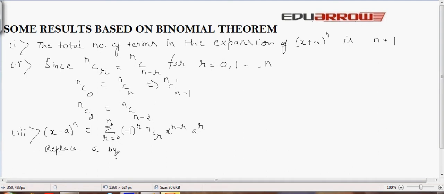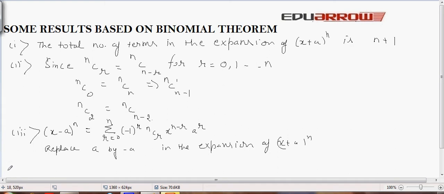In the expansion of x plus a raised to n, replace a by minus a. So we get the expansion of x minus a raised to n, which is this.